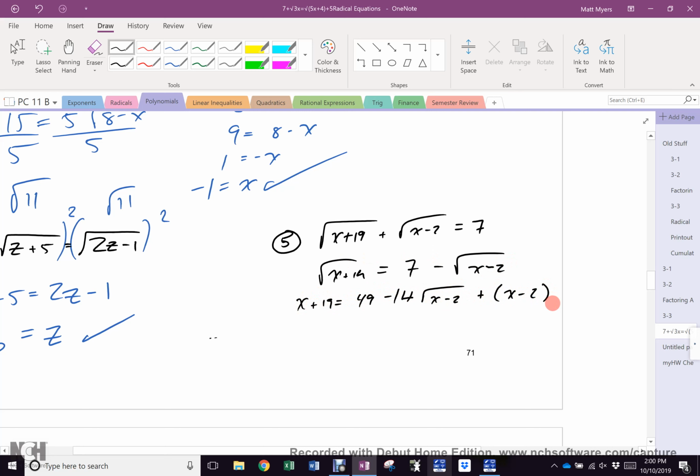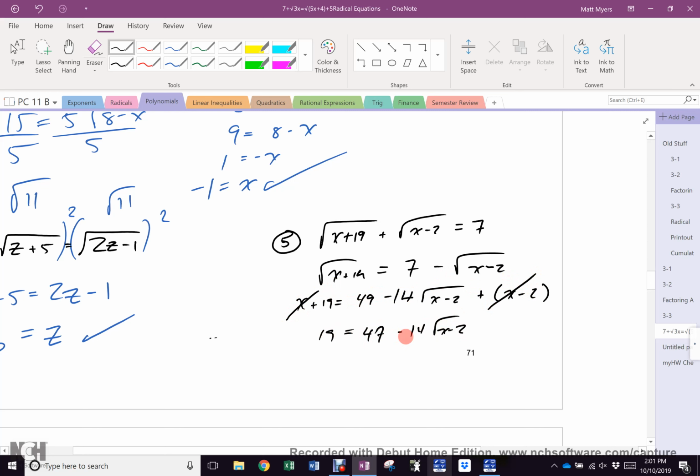Right? Then I collect my like terms. Positive x, positive x. What do I get to do? Cancel. 49 minus 2 is 47. 47 minus 14 root x minus 2 equals 19.